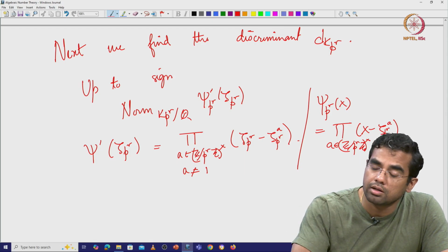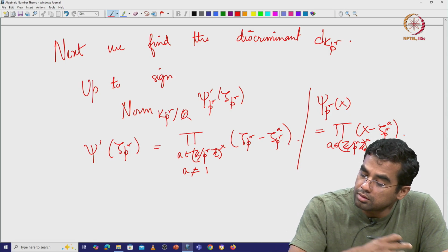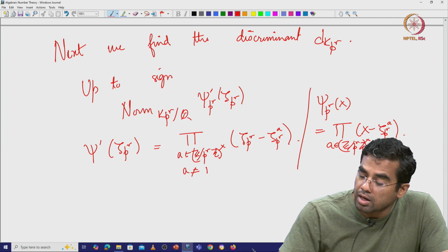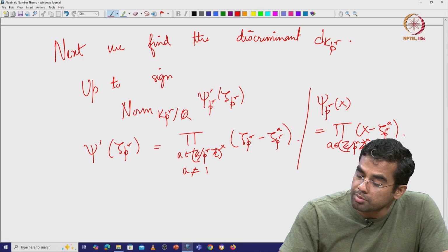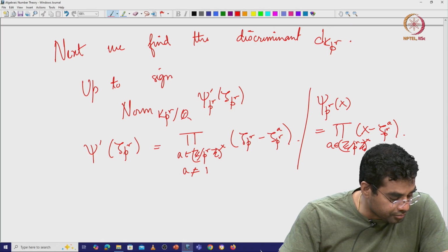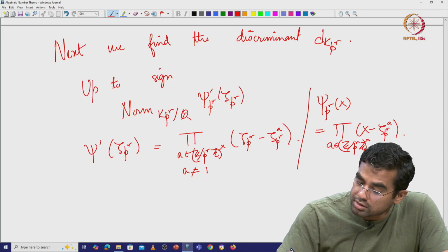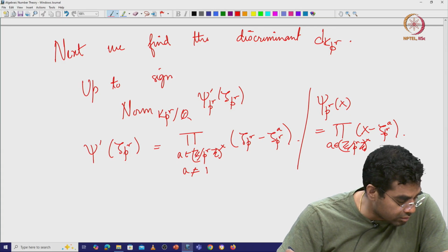So, if I take the derivative and apply the product rule, I will get a sum of products, and if I plug in x equal to zeta p to the r, the only term that will remain is the one corresponding to taking the derivative of x minus zeta p to the r, and in that case I will just get zeta p to the r minus zeta p to the r to the a for a not equal to 1.